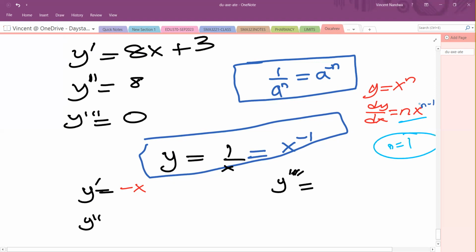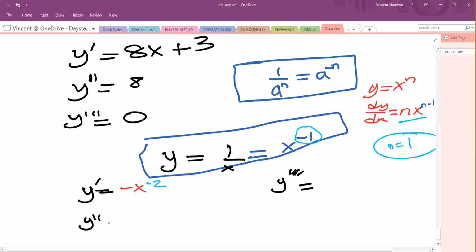So where n is, put -1 in the formula. So this will be minus x raised to power -2, because we are going to have -1, -1. Okay.